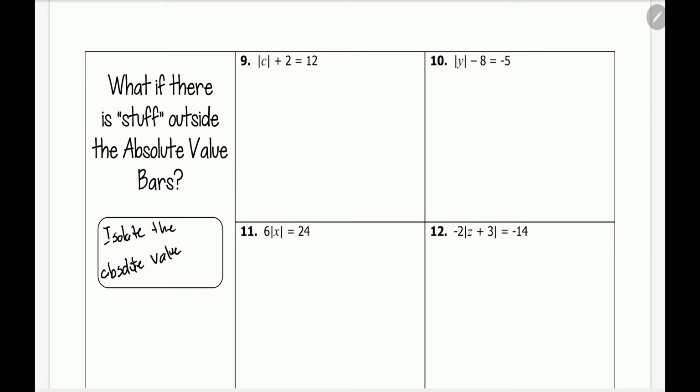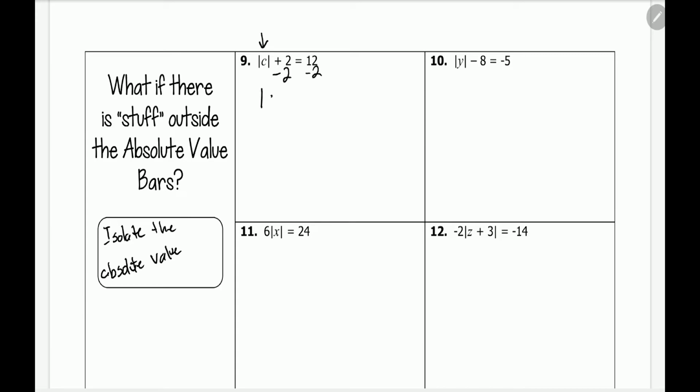Let's look at number 9. So we have the absolute value of c plus 2 is equal to 12. We have to get this thing by itself. It needs to be the only thing on the left side of the equal sign. So in order to do that, we're going to subtract 2 from both sides.